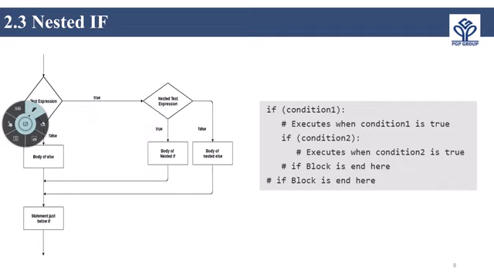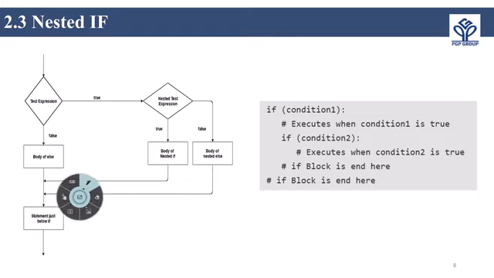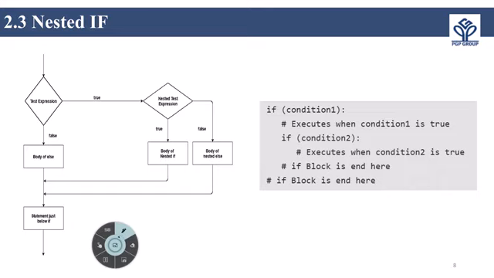Next one, nested if. Nested if means inside of the if we are using another if condition. So see, we are using a test expression. If this expression is true, we go to the next expression to check. The first expression is true, so we go to the second expression, and check whether this one is true or false.